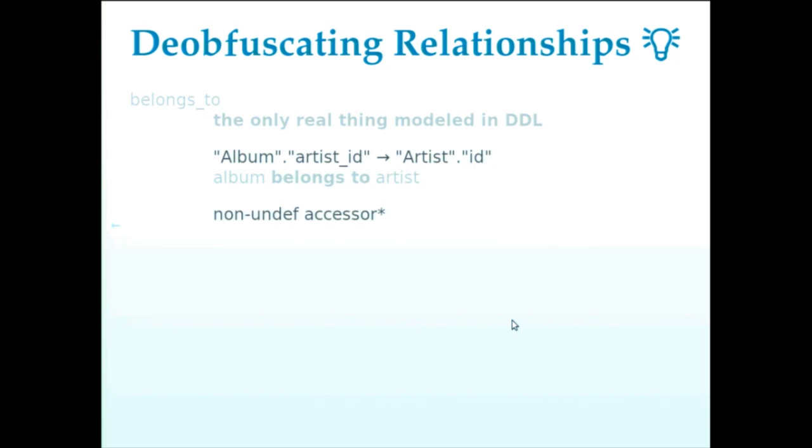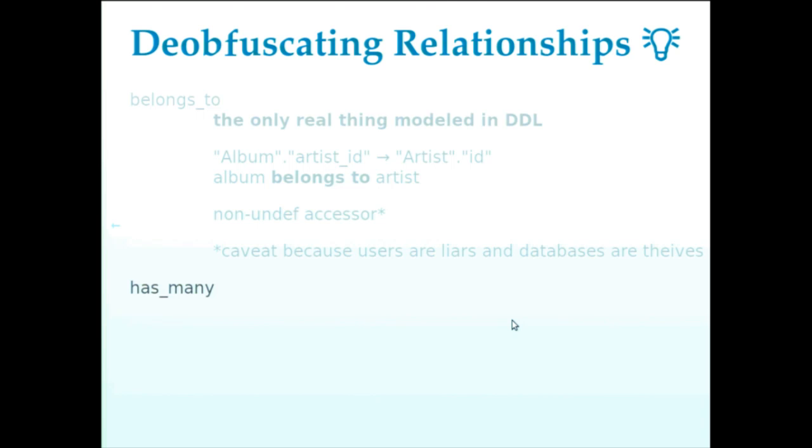So if we could trust databases, and we could trust all you guys not to get anything wrong, this would be a non-undef accessor. But because users lie and say, hey, this is non-nullable or whatever, and databases are buggy, we can't really do that. And this is Perl anyway, so it's not like we have a type system, or rather a static one. Either way, you should be able to depend on a belongs_to being there.